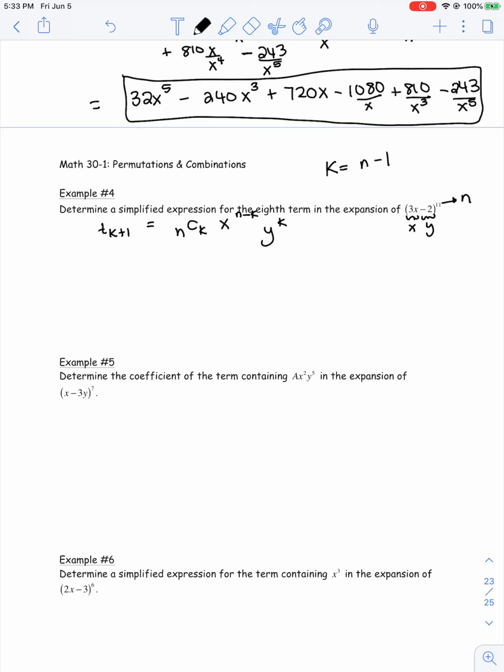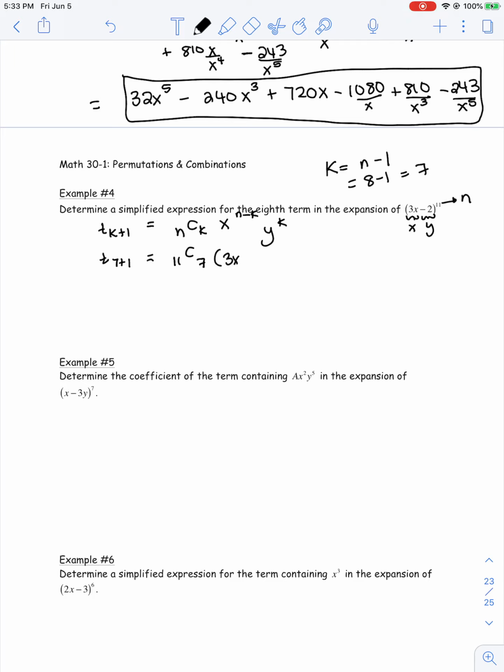So it's going to be n minus 1. So that's how we get that. So n minus 1 is your k value. We know that there are 8 terms, so you'd go 8 minus 1 to get your k, which is 7. So term 7 plus 1, which makes sense because that would give us term 8, equals n, which is 11, choose k, which is 7.